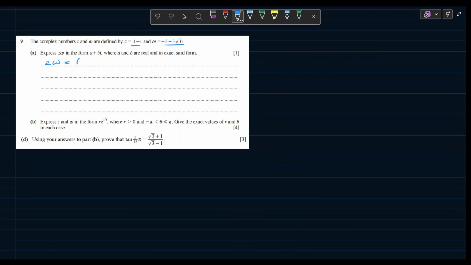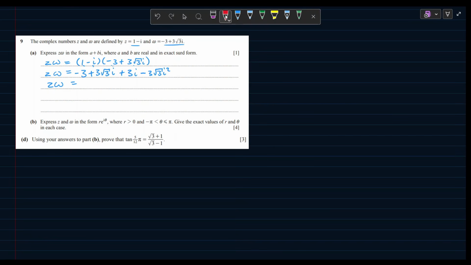So that's going to be 1 minus i multiplied by negative 3 plus 3 root 3 i. And so z omega is equal to 1 times negative 3, that's negative 3, 1 times 3 root 3 i, that's positive 3 root 3 i. Then we've got negative i times negative 3, positive 3i. Then we've got negative i times 3 root 3 i, that's negative 3 root 3 i squared.